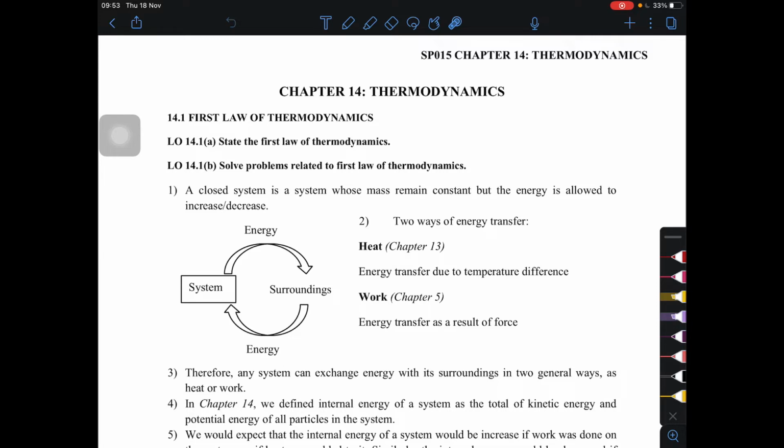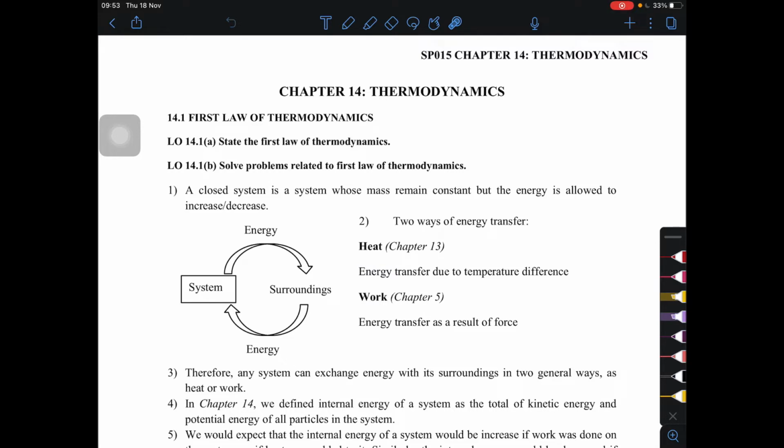We also learned in the previous chapter, chapter 13, that energy can be transferred when there is a temperature difference. So in this chapter, we are going to see the energy transfer on the system due to heat and due to work.